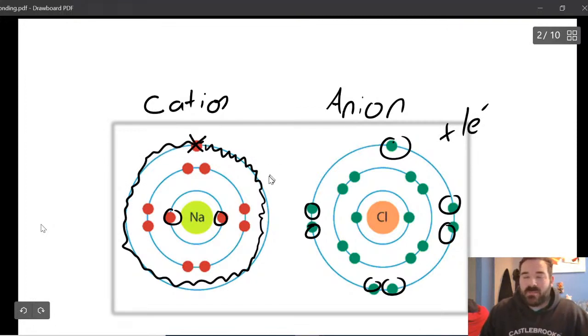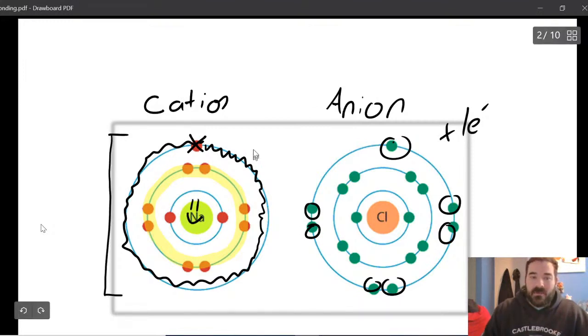It doesn't have any more electrons on it. There's no more electrons at that energy level. So its valence shell then becomes the shell underneath. And the shell underneath has 8 electrons. It is a complete shell. So sodium is stable, sodium is happy, and it can move on with its day as an ion.